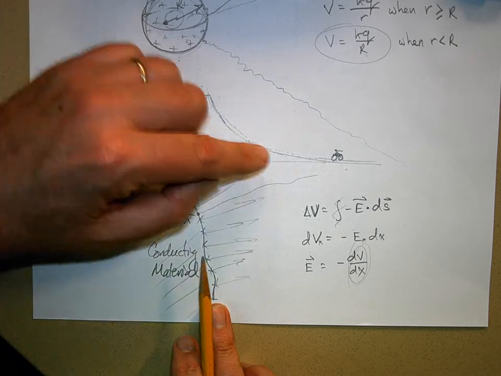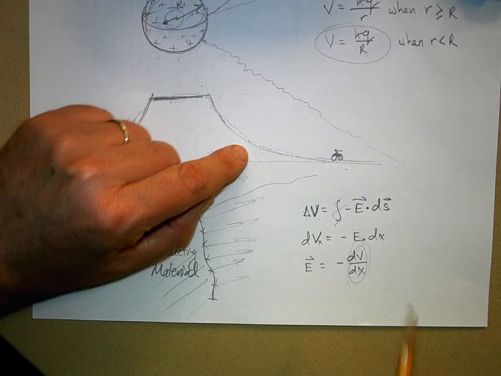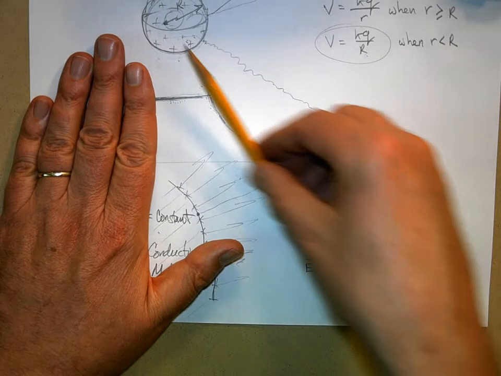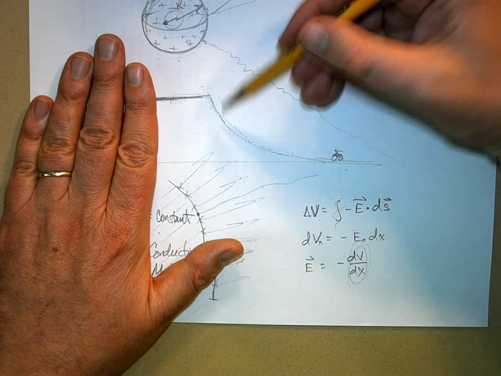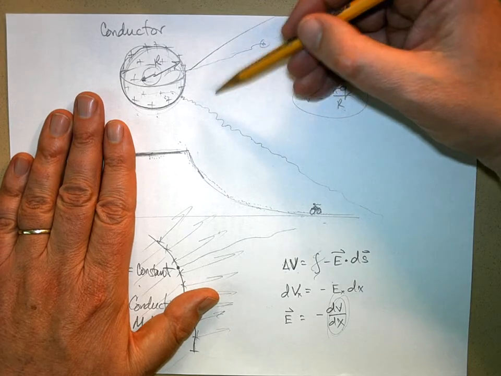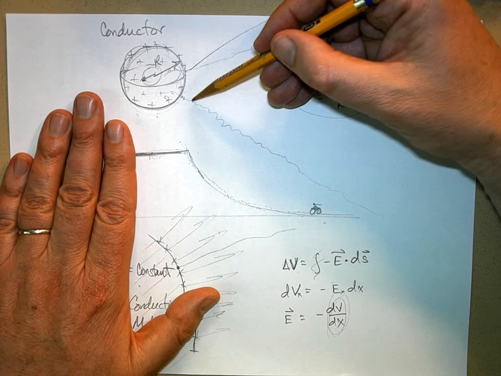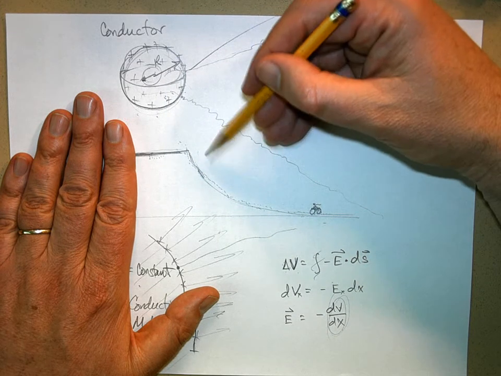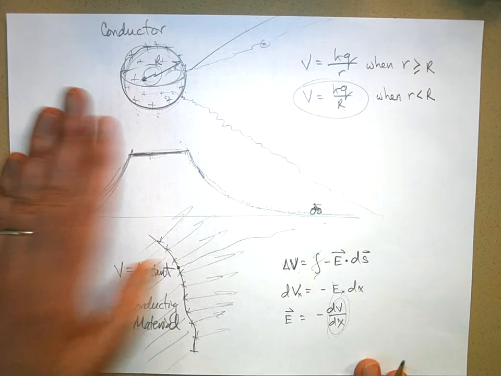So there's dV dx. The higher I go, the steeper the slope, and the greater the electric field as I get close to this sphere. That's kind of cool, and the slope is in the opposite direction.